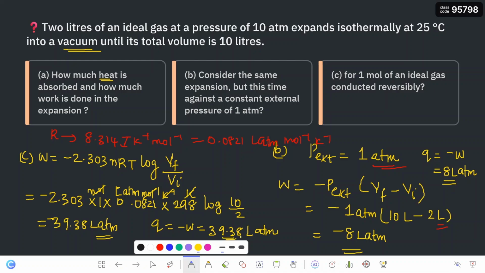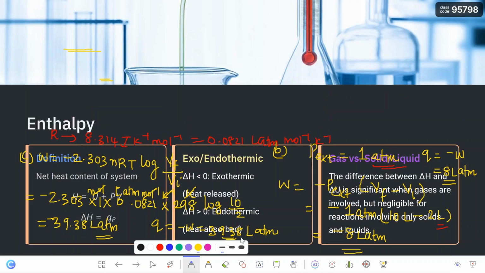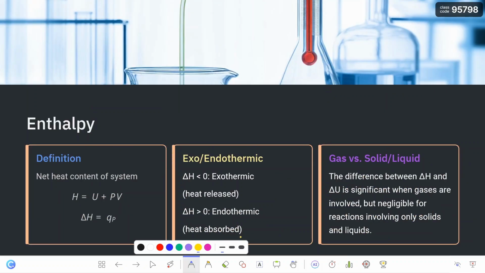Okay, so this is the solution. So in each case you have to use the equations accordingly. So we'll move to the next part, that is enthalpy. Enthalpy is the net heat content of the system. As I told, delta U is actually QV. This we have already learned. How is it coming?